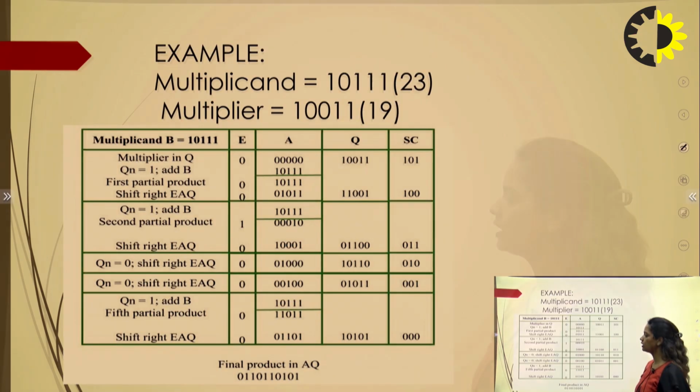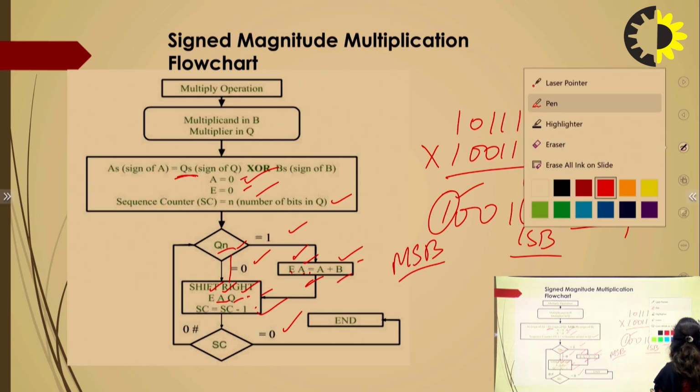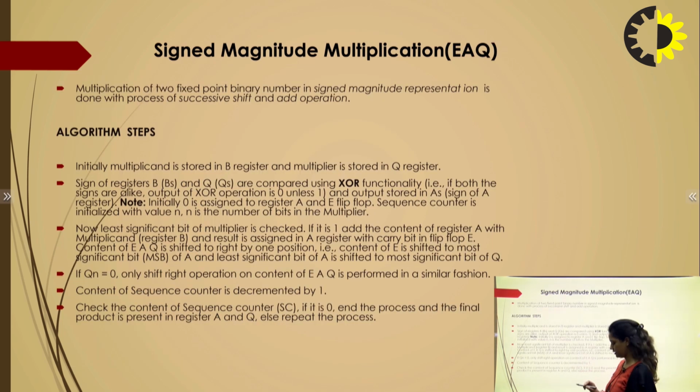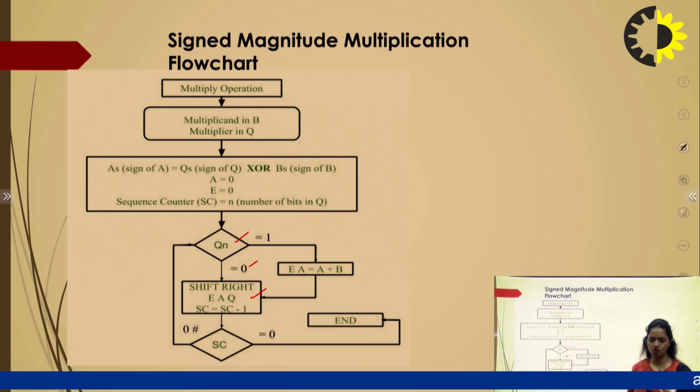Whenever the Qn value is 0, we have to perform the shift operation directly. There is no need of performing the addition operation.